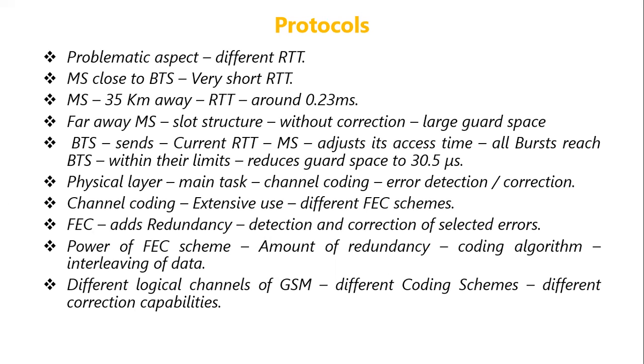The main task of the physical layer includes channel coding and error detection and error correction. For channel coding, the physical layer mainly uses a technique called the forward error correction scheme.